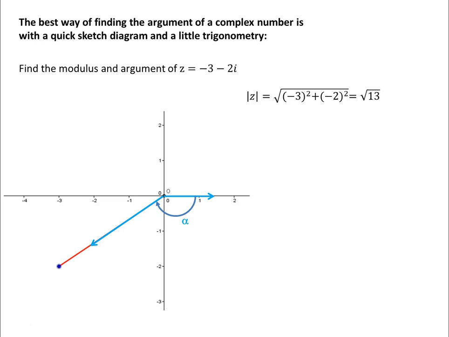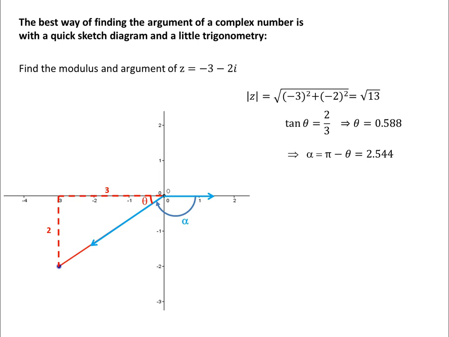We can find the acute angle, theta, by setting up a little triangle, and we've got tan theta is 2 over 3. So theta is 0.588 radians. That means that alpha is pi minus theta, which gives me 2.544 radians.